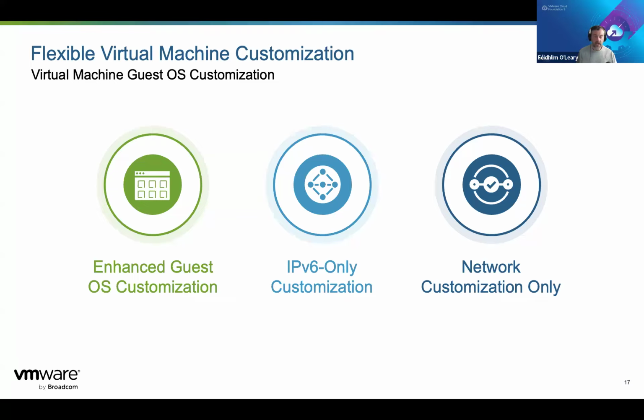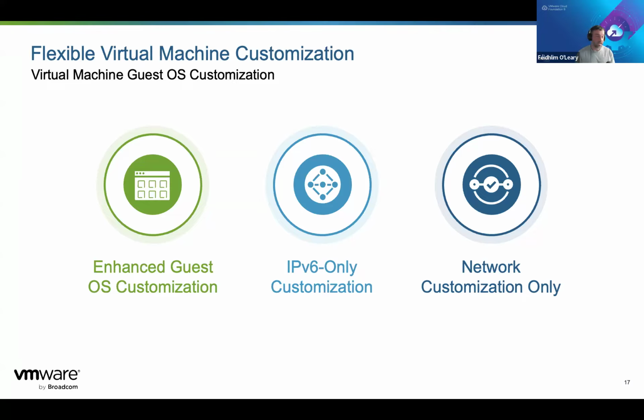Some of the things that we've pulled into the guest customization APIs are resetting and managing root passwords in Linux, resetting accounts in Windows, and executing customization scripts. And in the network space, we now allow for IPv6-only customization. So in the past, you had to do both dual stack IPv4 and IPv6 customization and then go in afterwards and disable the IPv4.